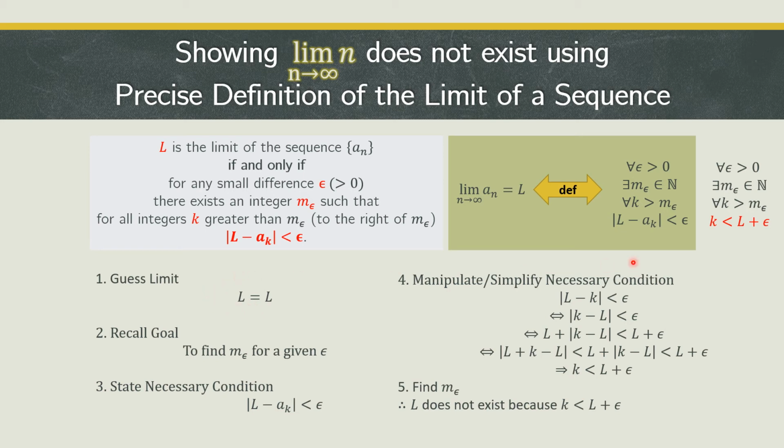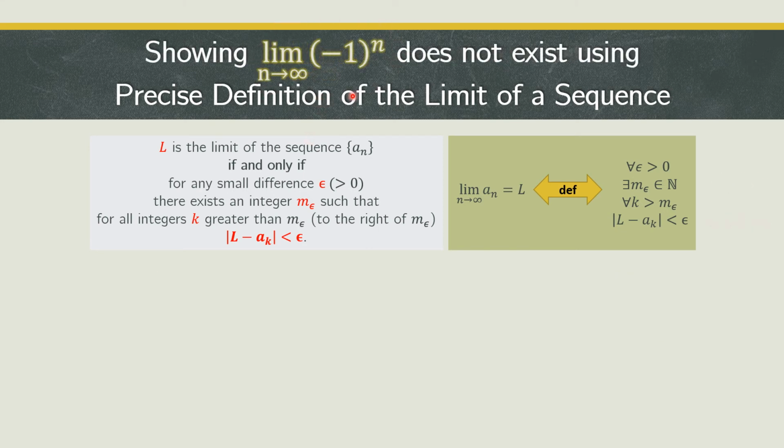And so, because we had a contradiction here, by proof of contradiction, we have shown that this cannot be the case. L cannot have existed. L cannot exist. And that is how we show that the limit of n as n approaches infinity does not exist, because we cannot find the m sub epsilon that we need.